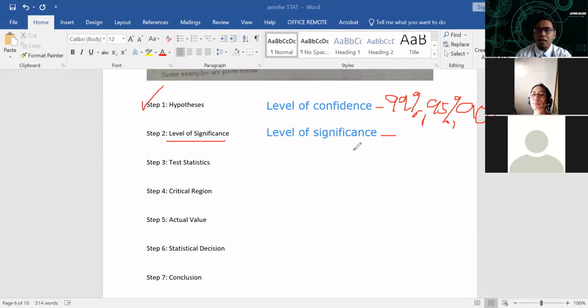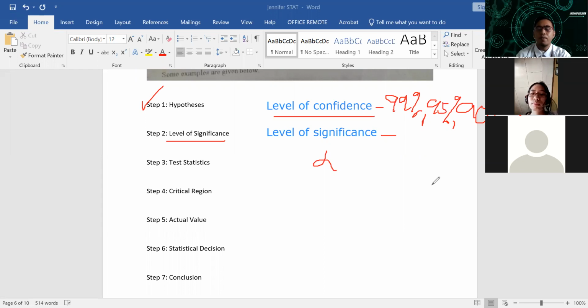That alpha is the notation for the level of significance. And again, level of significance is the percentage that you may commit error in your testing the hypothesis. Okay? So if you know your level of confidence, you can solve for your alpha by using this formula.